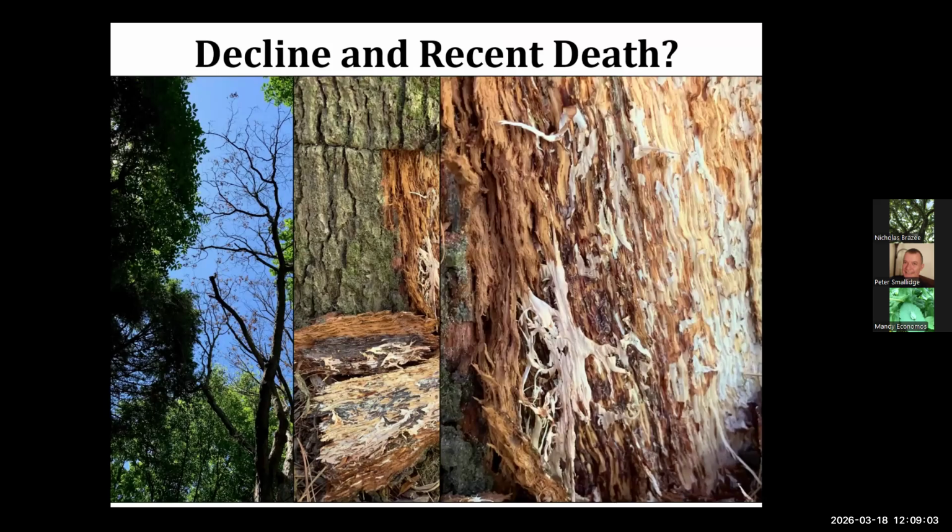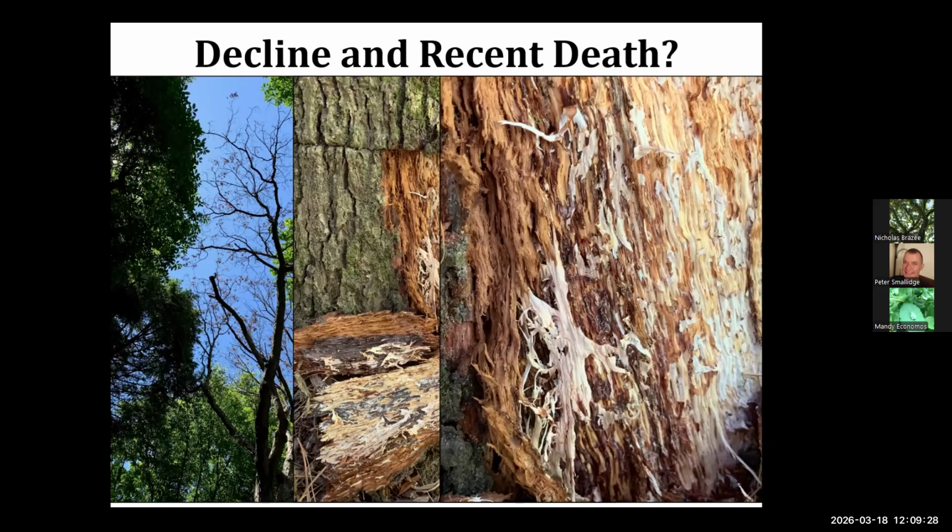Now, we don't want to give it too much credit. It's often associated with stress, and I will talk about that. Stresses that weaken trees and allow a pathogen like armillaria to finish them off. But it is just so abundant out there that it's kind of the first thing I'll usually look for when I'm looking at a dead tree: excavate the root flare and look at some of these lateral roots for the mycelial fans underneath the bark.